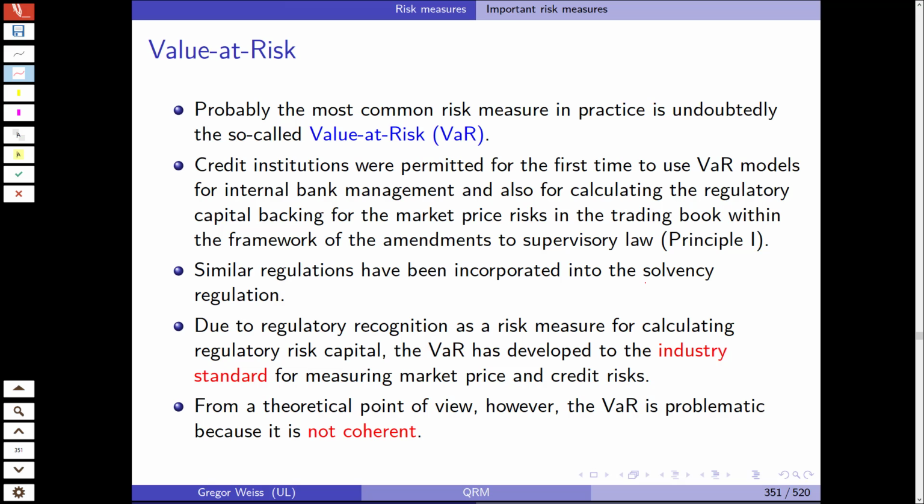And we have similar regulations in solvency regulation in Basel I, Basel II, and Basel III. Due to the fact that it was recognized by regulators as a risk measure for calculating risk capital, VaR has developed into the industry standard for measuring market price and credit risk. However, this is the first instance where we see that risk measure theory has a practical implication, because VaR is not coherent. It's not subadditive, at least not for all distributions.